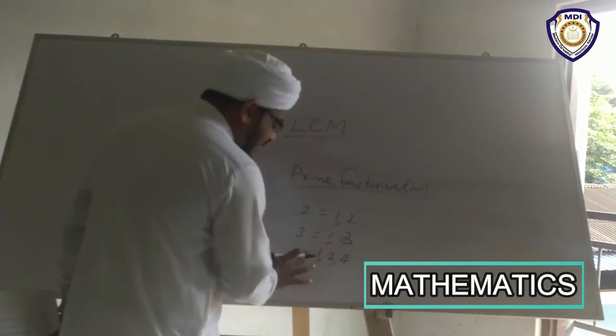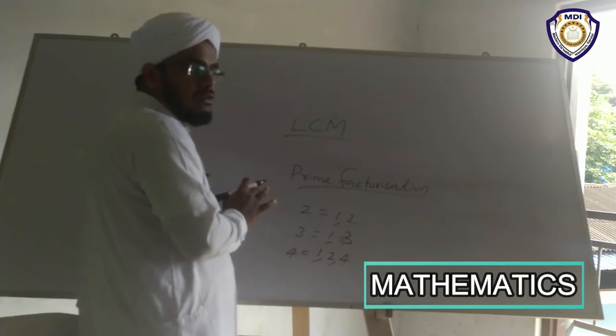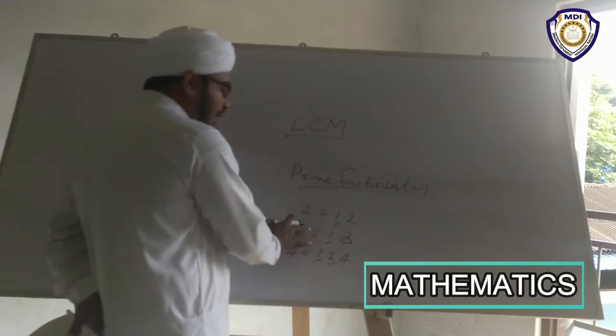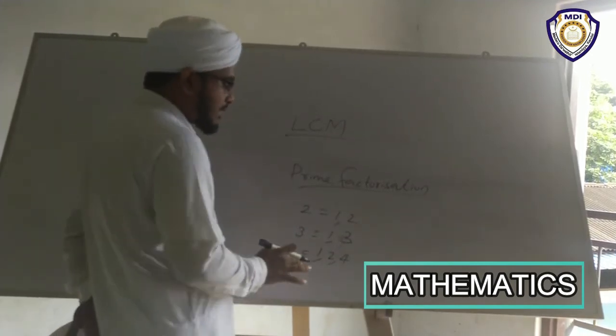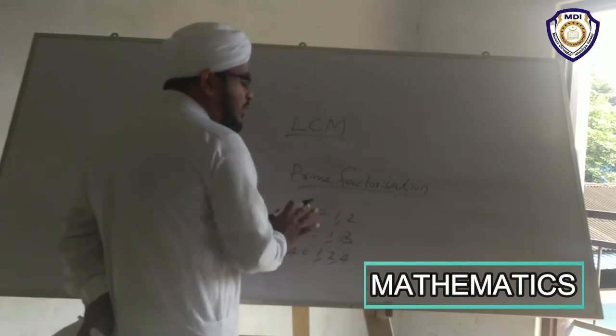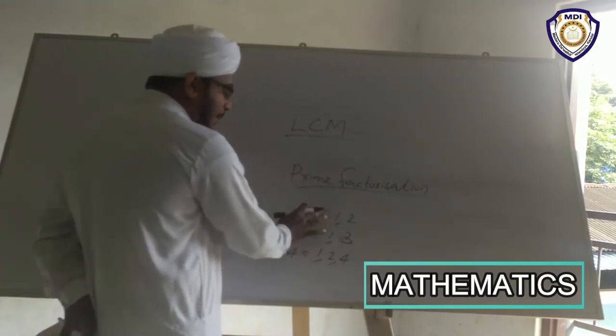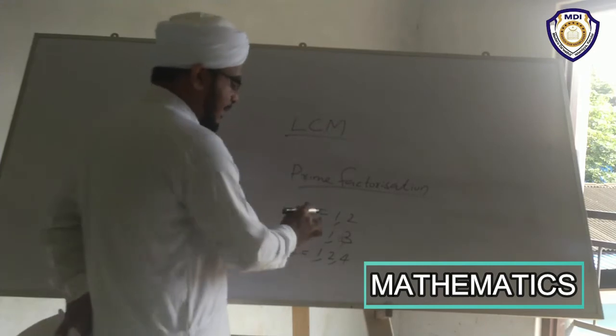Then 4 is not a prime number. 2 and 3 are prime numbers because they have only two factors, the number itself and 1.